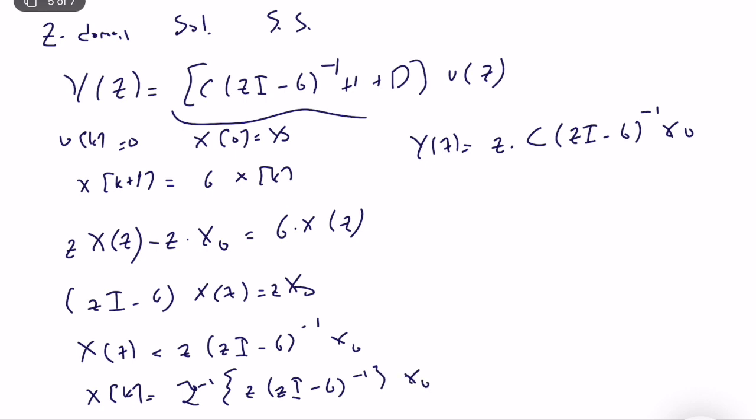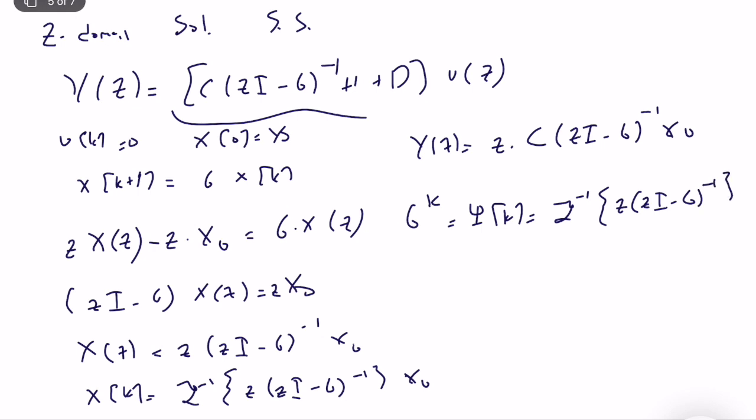So what is this? This is equal to g to the power k, which is the state transition matrix of k, and it is equal to the inverse z transform of z times zI minus g inverse.